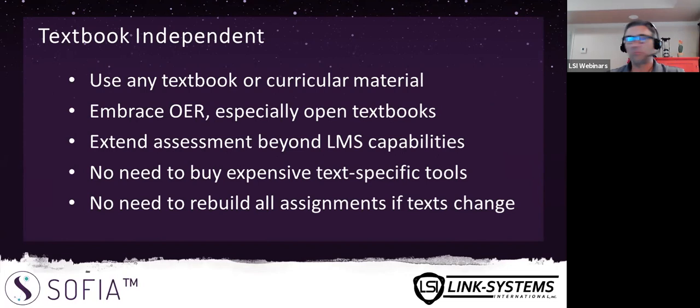So we are textbook independent. There's a couple of books in OpenStax that a few of our partners use out there, but we try to stay in the open education resource area, and most of our partners are looking for really effective homework tools for their OER textbooks.